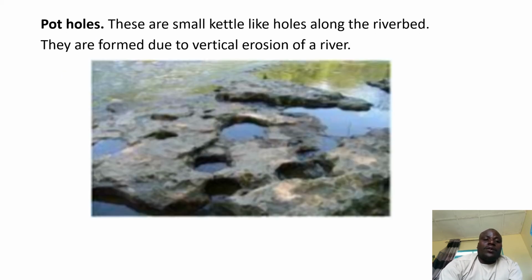We have potholes. These are small holes at the river bed. Small kettle-like holes also along the river bed. As the river digs its bed, it creates small holes. These holes are called potholes.